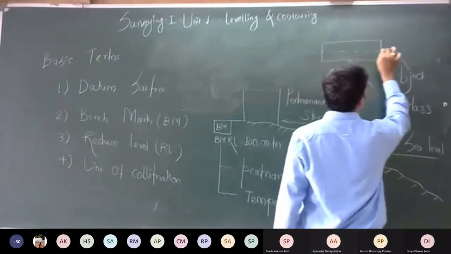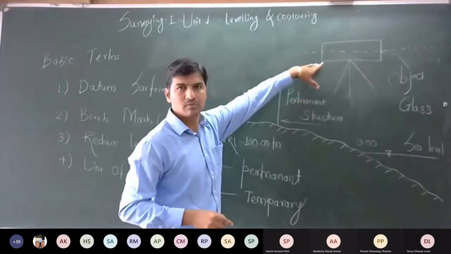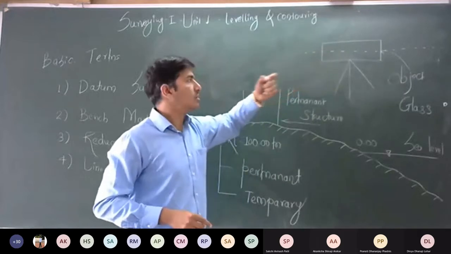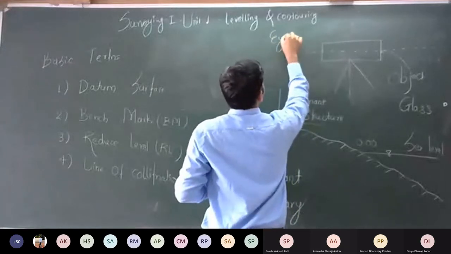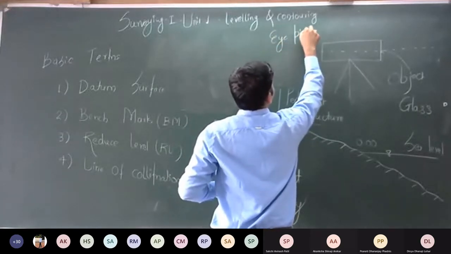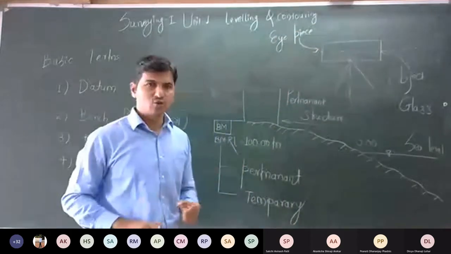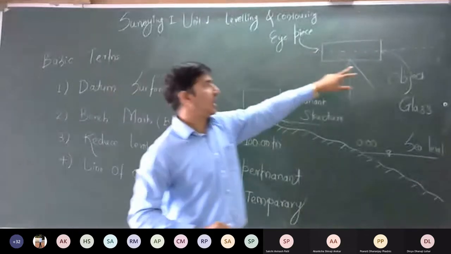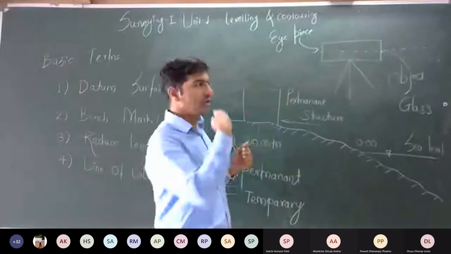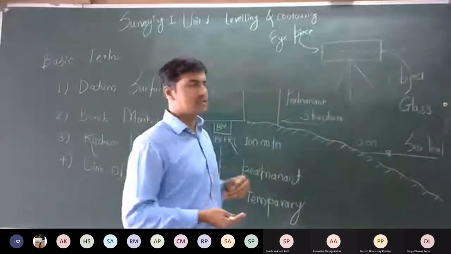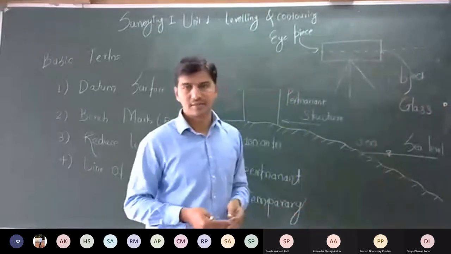It is a line. I have drawn a theoretical dumpy or auto level, you can see. The two ends of the telescope are called the eyepiece and the object glass. From the eyepiece end we observe the object, and the other end we call the object glass.